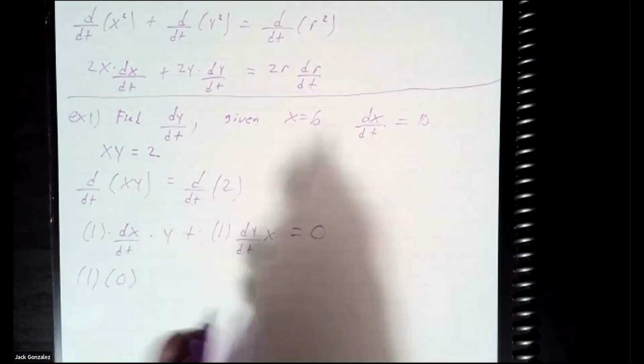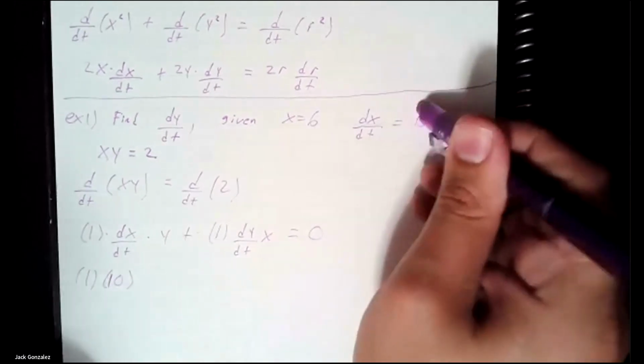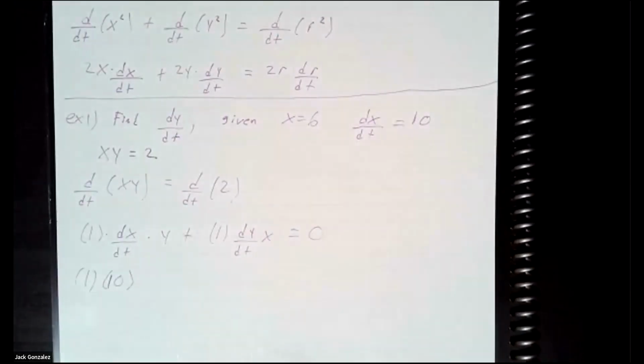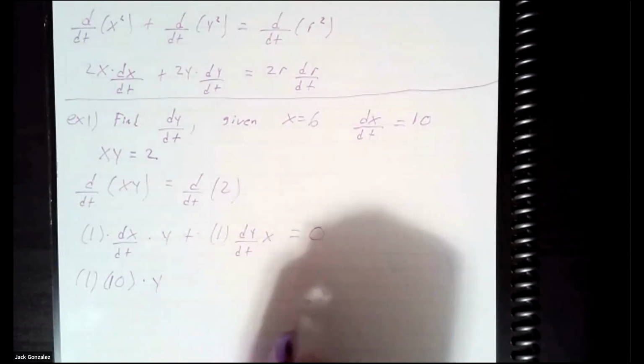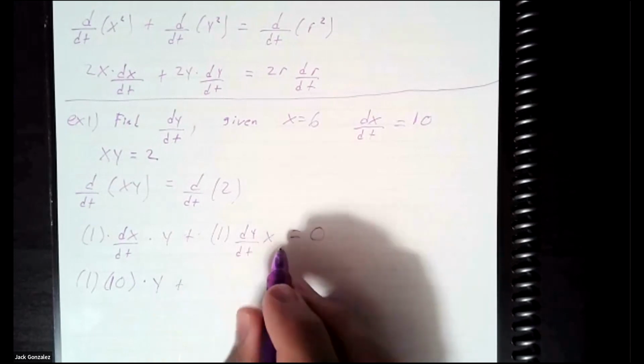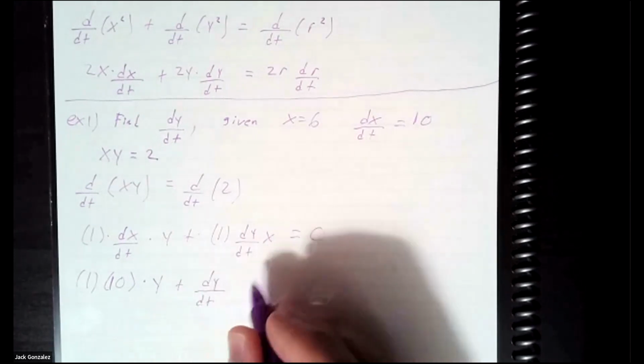No, actually it's 10. My bad. I can't read my own handwriting. Times y, plus dy dt times 6.